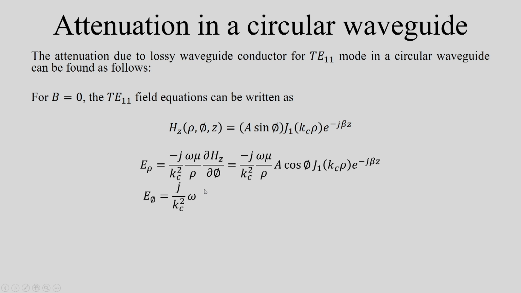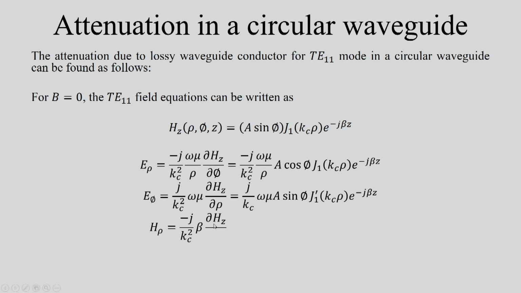Similarly, we can find out the E phi component by substituting Hz and finding the derivative with respect to rho, and similarly we can find out the magnetic field components H rho and H phi.